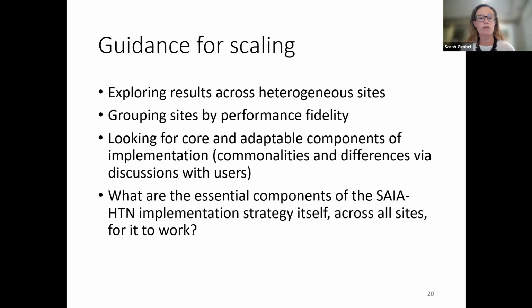We can also look for core and adaptable components of implementation by looking at commonalities and differences via our discussions with the end users. But I think also what are the essential components of this strategy itself across all sites is something that you have to really keep a hold of.